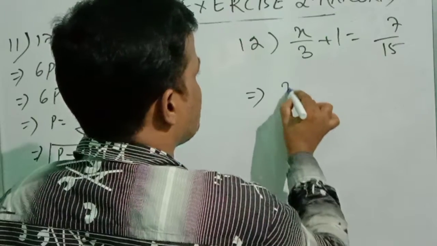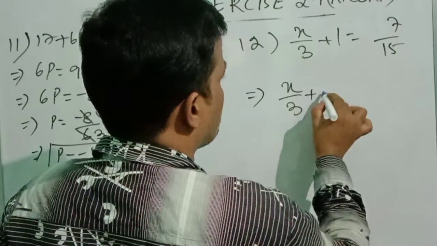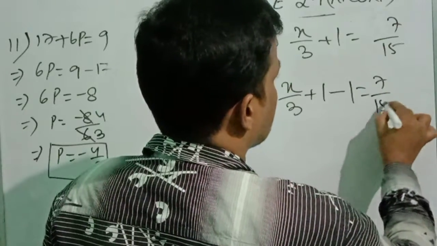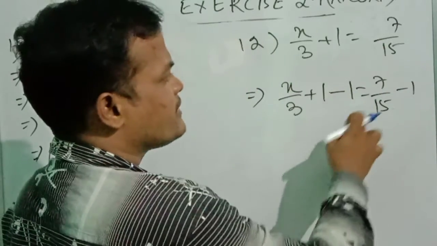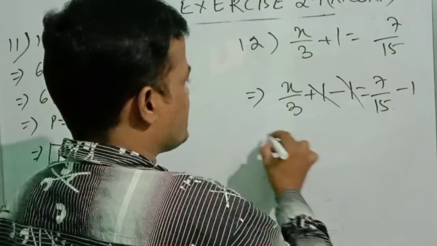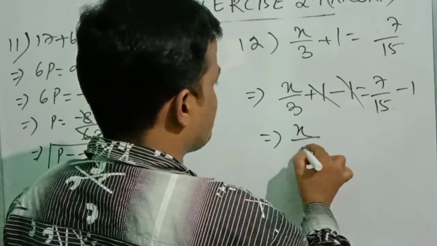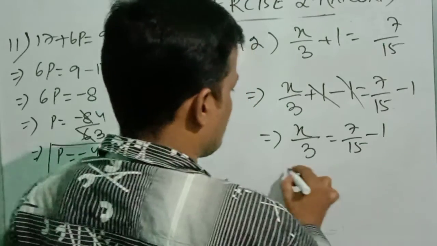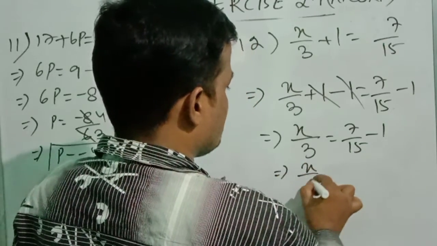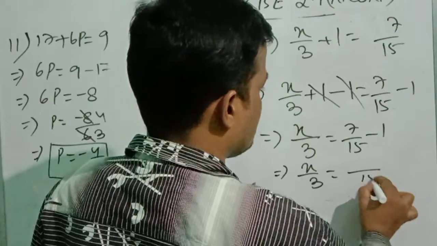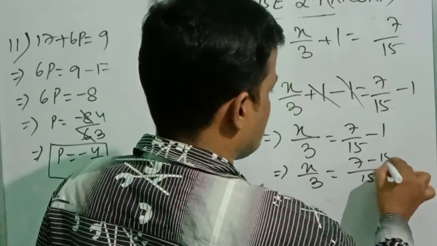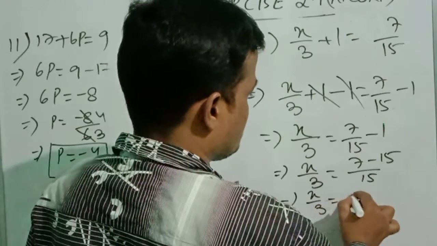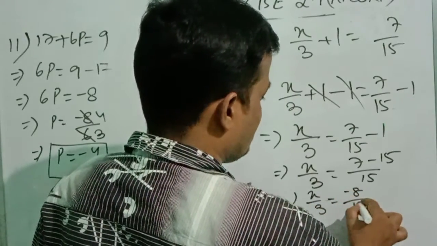So x by 3 plus 1, now we do minus 1 on both sides: 7/15 minus 1. Plus 1 and minus 1 cancel. So we are getting x by 3 equal to 7/15 minus 1, so x by 3 equal to (7 minus 15)/15, so we are getting x by 3 equal to -8/15.